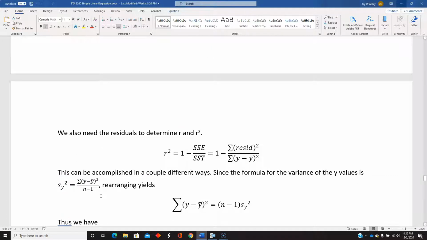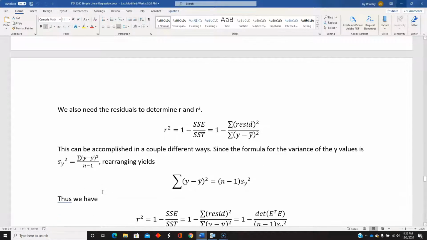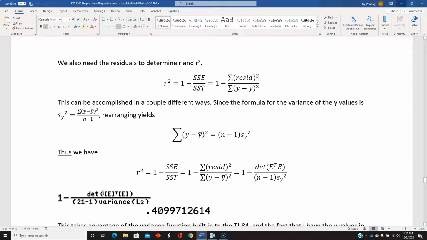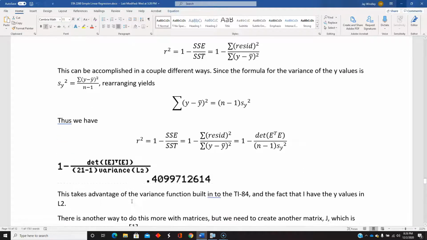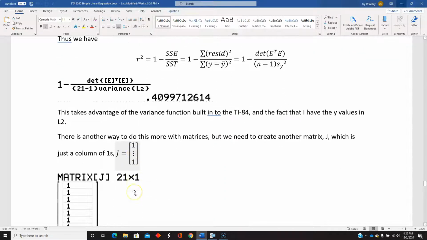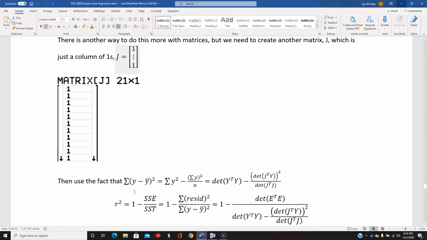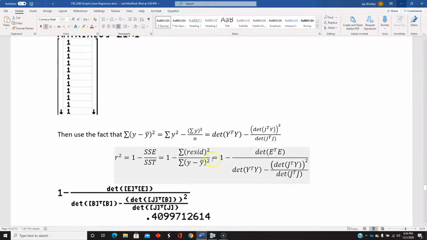Okay, so next up after S is to determine R and R squared. Actually, to determine R first. So I show here on the notes how to do it using the variance function, but I really want to stick with only doing matrices, and this is where the matrix J comes in. So this matrix equation here will give us R squared. And in terms of our calculator, that's going to look like this.